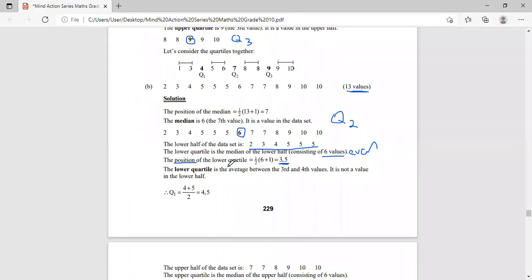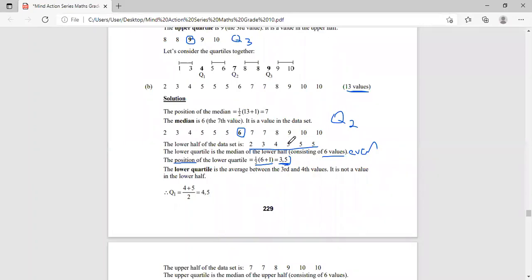Guys, please, even in exams, a lot of learners make mistakes when it comes to the lower quartile, position, and value. If you use a formula, you get the position, not the value. Very important. So here they got position 3,5. I'm going to count 1, 2, 3.